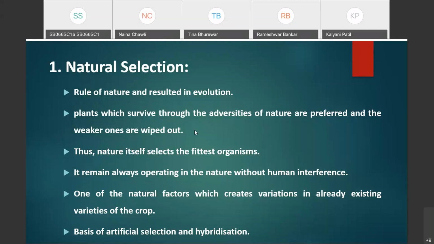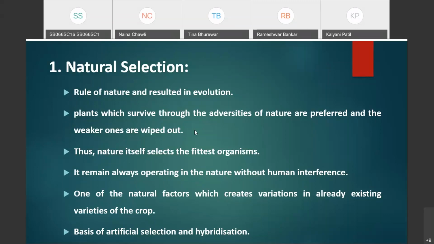And natural selection is the basis of artificial selection and hybridization. Natural selection means what? The survival of the fittest, which we can describe as: the species which get adapted to the changing environmental conditions get survived, and the weaker species get wiped out.